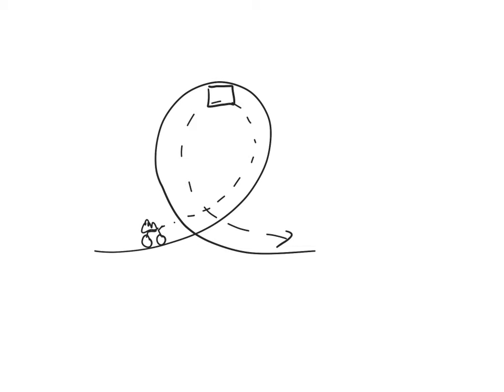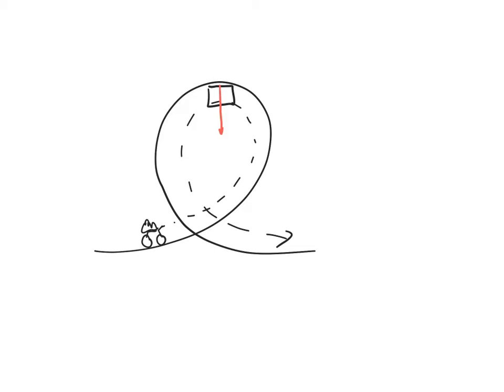So as a result, which way is the track pushing on the bicyclist at the top? Into the center, or cyclist. Very good. So the normal force from the track is pushing toward the center there. What else is acting toward the center?